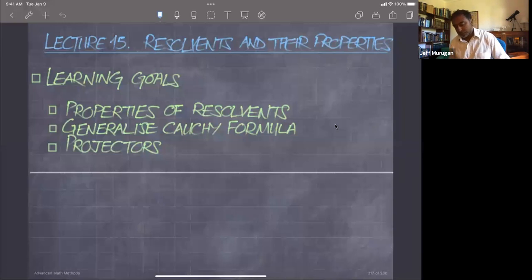So our learning goals for today are to define what I mean by the resolvent and explore some of their properties. I'm going to focus on the properties that will allow us to generalize the Cauchy formula. The Cauchy integral formula relates the integral of some function divided by a polynomial to its residue at the poles of the integrand.